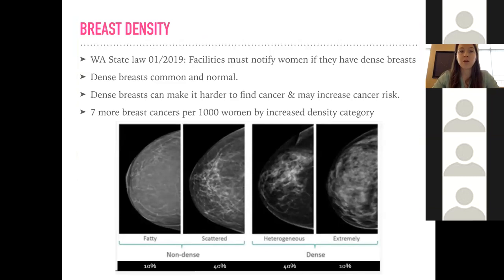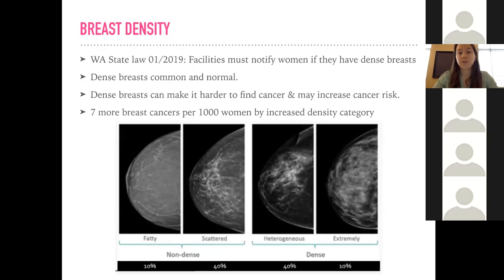Regarding breast density, there was a law that came out in January of last year saying that the facilities needed to notify women if they do have dense breasts. This, of course, brought up a lot of questions in clinic visits, but I think it's important to emphasize that dense breasts are actually not uncommon and they're very normal. At the bottom, you can see in that picture, about 50% of women will be in the category of dense breast.